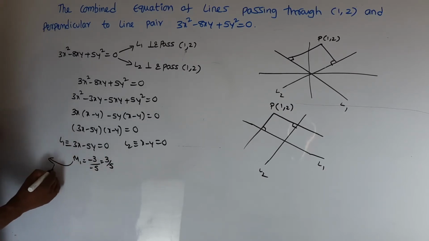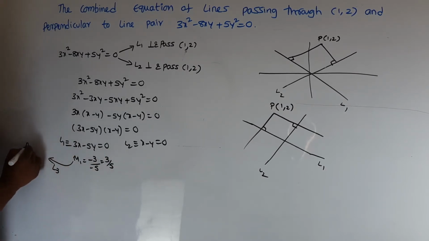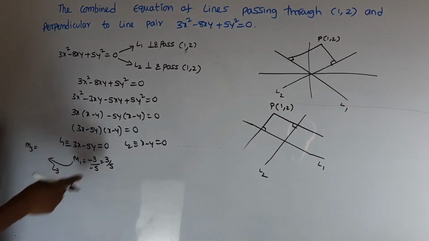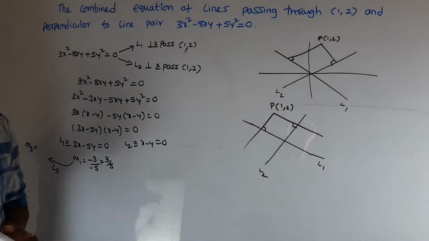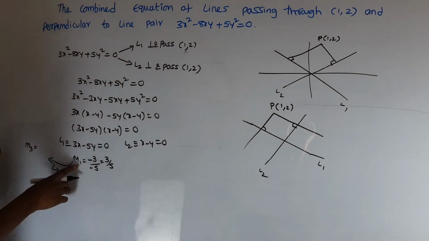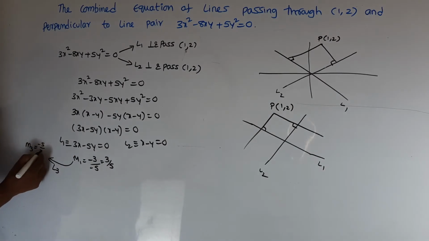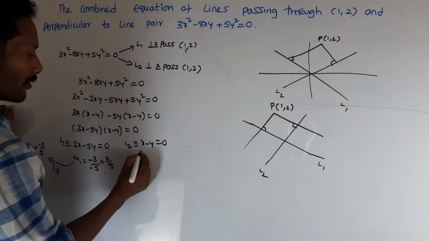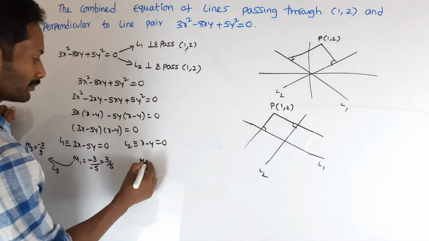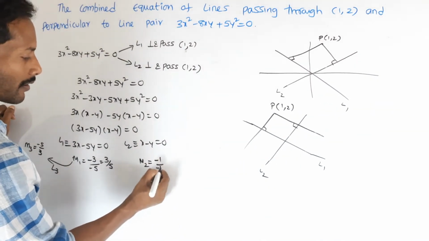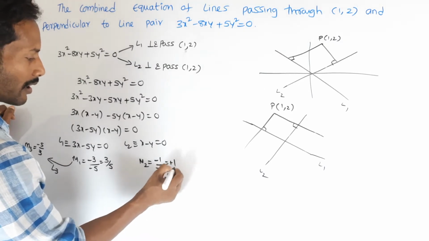For line L3, slope m3 is perpendicular, and the product of the slopes equals minus 1. So slope of L3 equals minus 5 by 3. Next, slope of L2: minus of coefficient of x by coefficient of y, so the slope is plus 1.